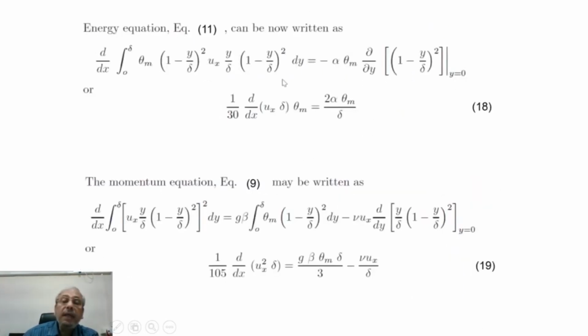After performing the integration, substituting the upper and lower limits, we get 1 by 30 d/dx of (Ux delta theta m) equal to 2 alpha theta m by delta. So this is what we obtained from the energy integral equation.